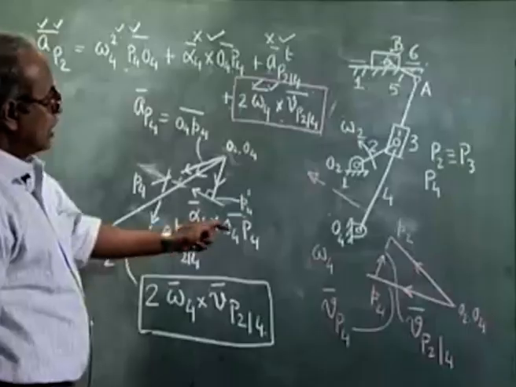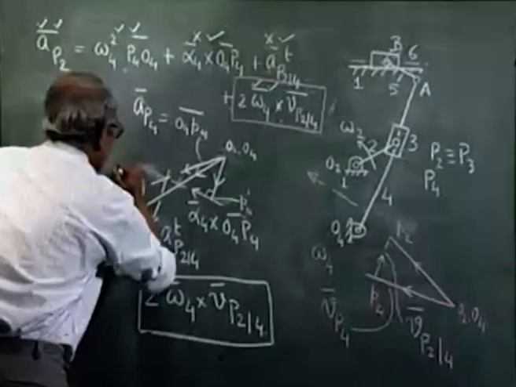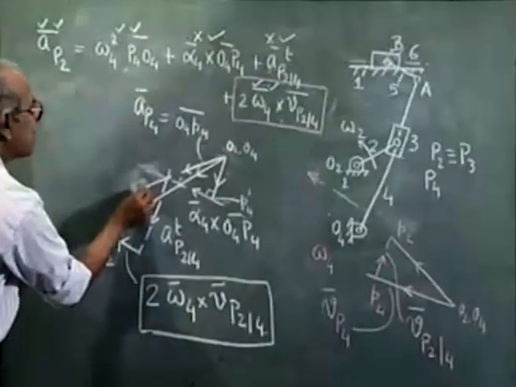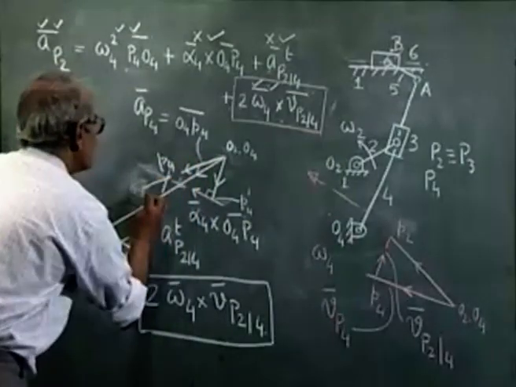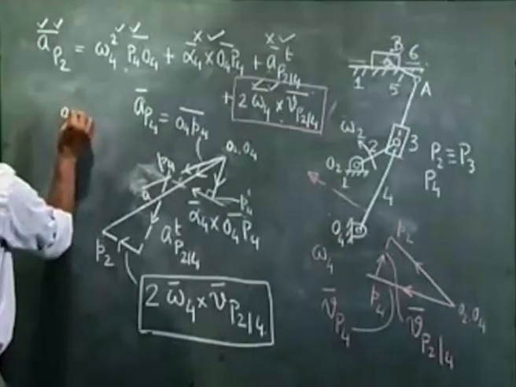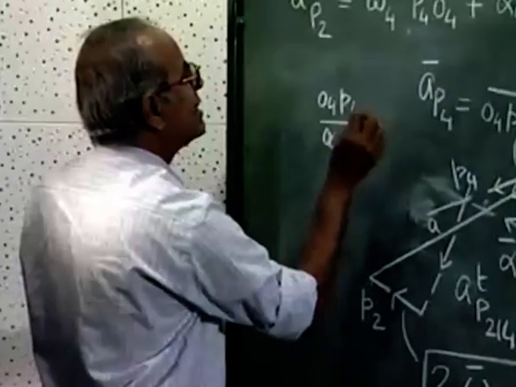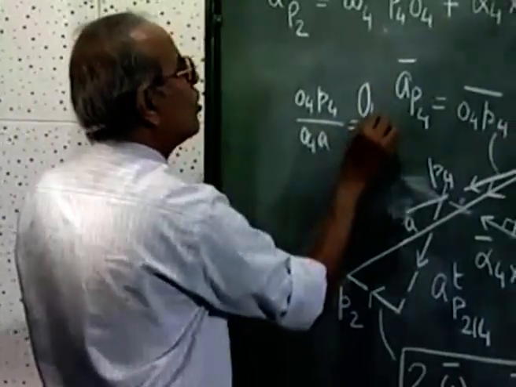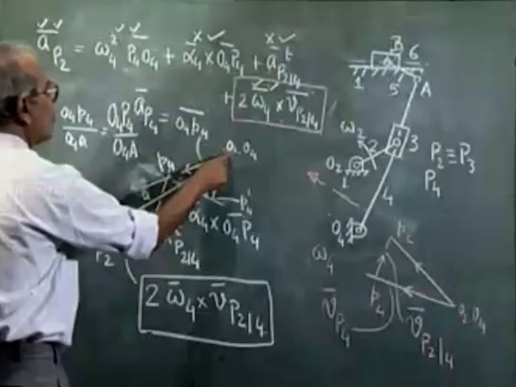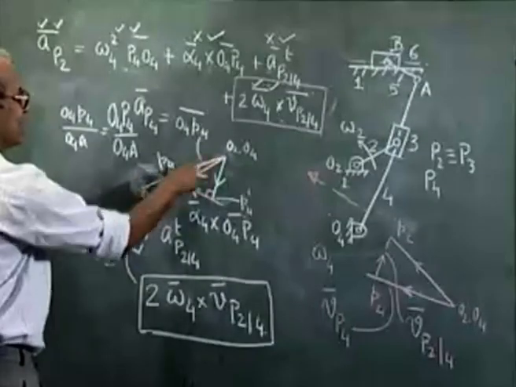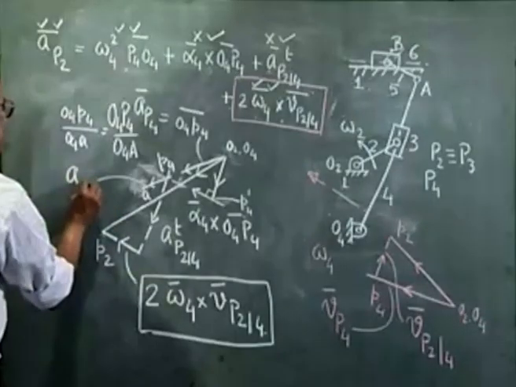Once we know P4, using the concept of image, as explained earlier, I can easily get to the point A, such that O4P4 by O4A is the same as in the velocity diagram, and O4, P4, A lie on the same straight line. So this O4A represents the acceleration of the point A.